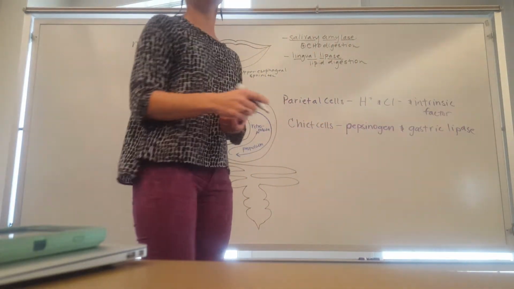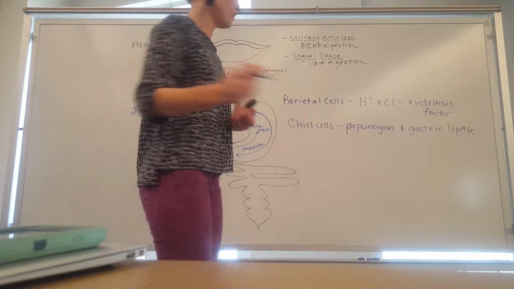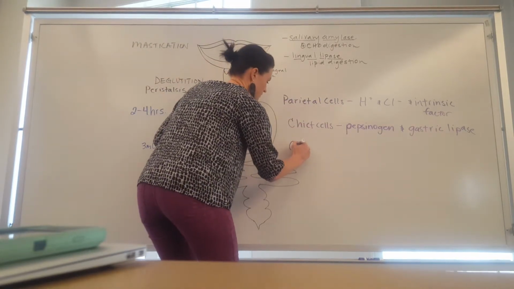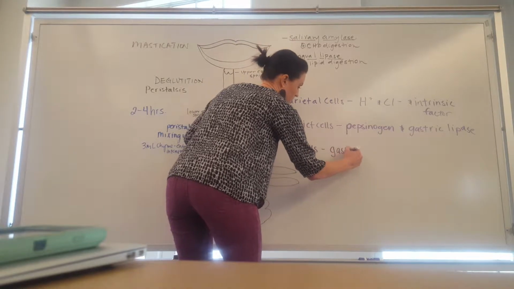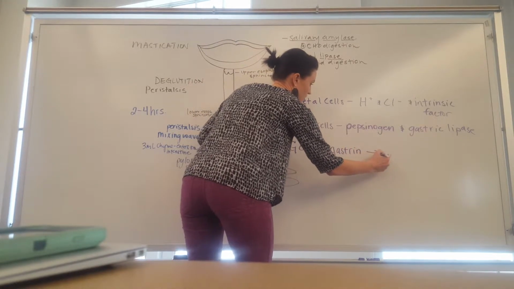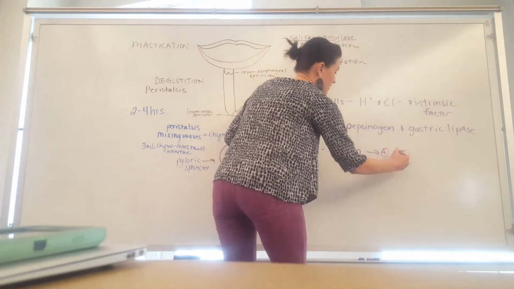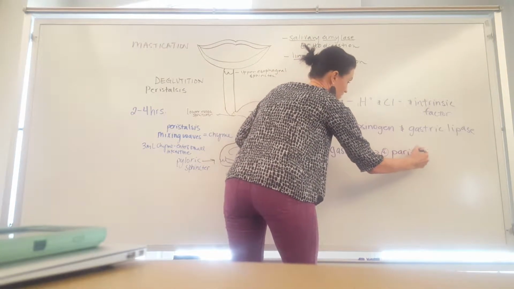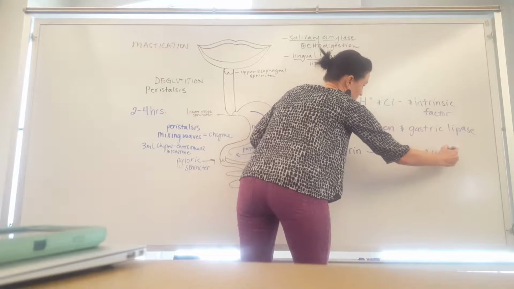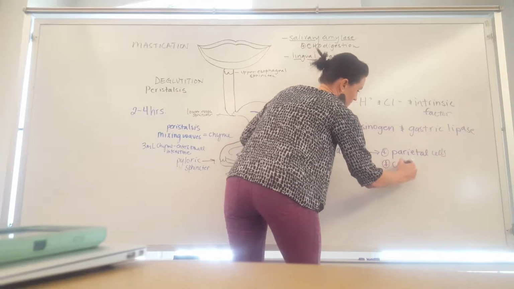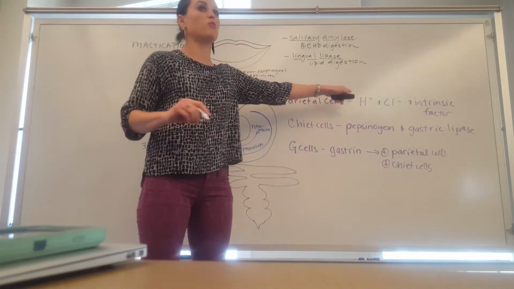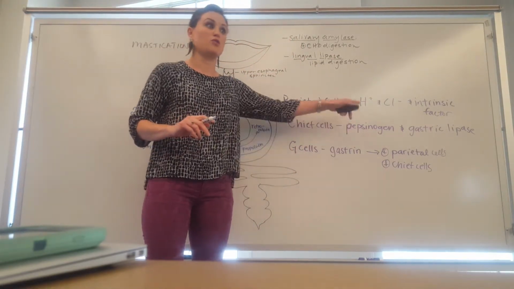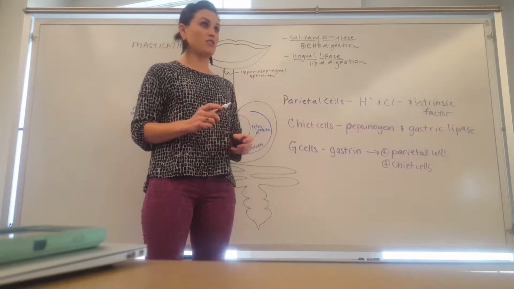And G cells secrete gastrin, which is the hormone I was telling you about. Gastrin is going to stimulate parietal cells and chief cells, so that you secrete more hydrogen chloride and more pepsinogen and gastric lipase.